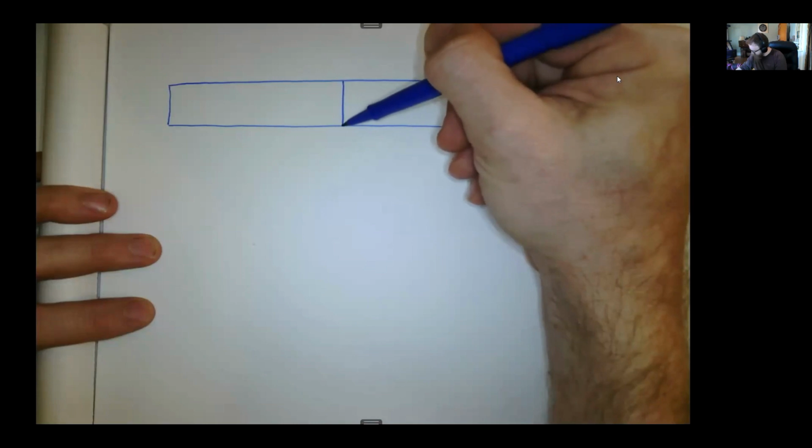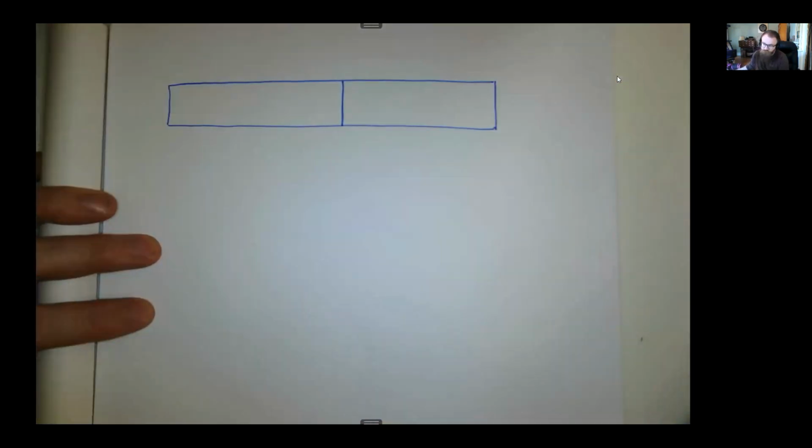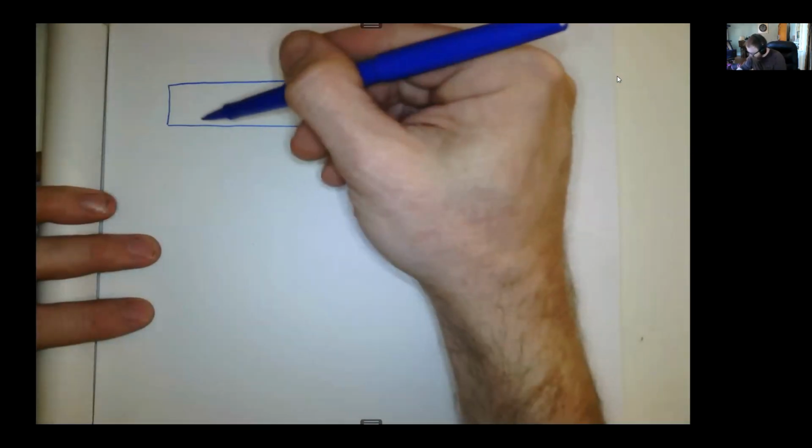Start by separating it in half and then separate each half into fifths so that we end up with 10 parts. And remember that if you want 10 equal parts in a tape diagram, you're only going to draw 9 lines.